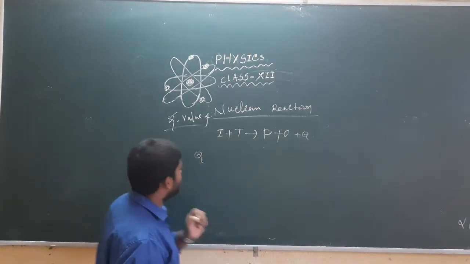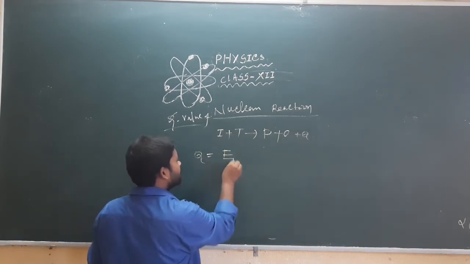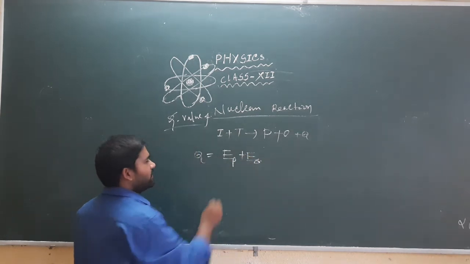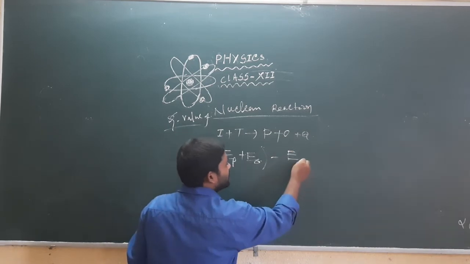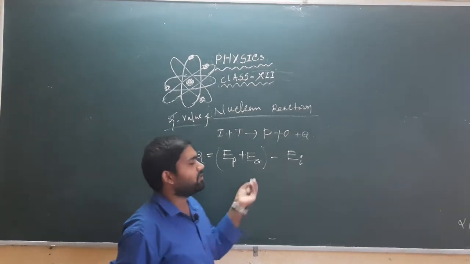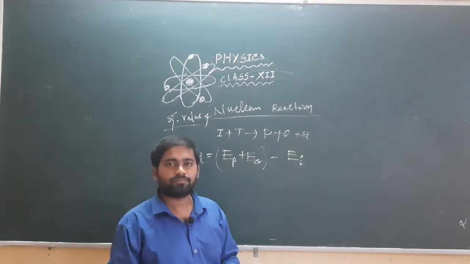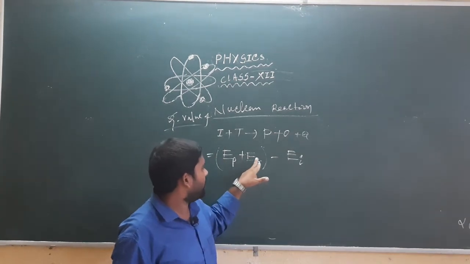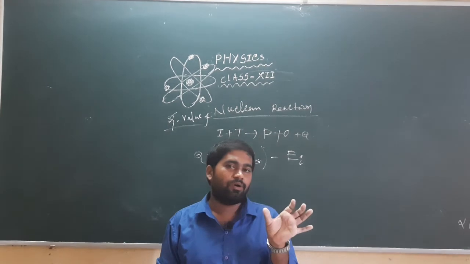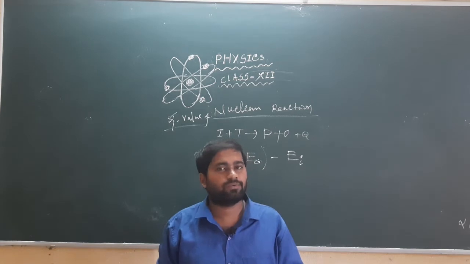Simply, we can write the Q value as the energy of the product plus the energy of the outgoing particle, minus the energy of the reactant side, that is, the energy of the incident particle and the target nucleus.